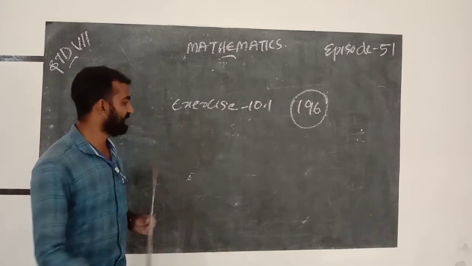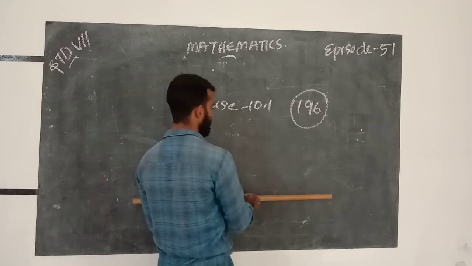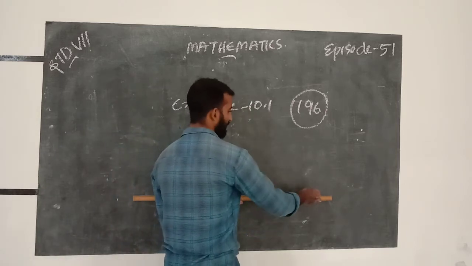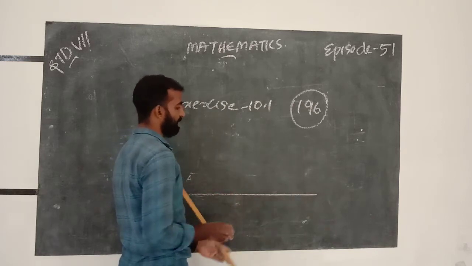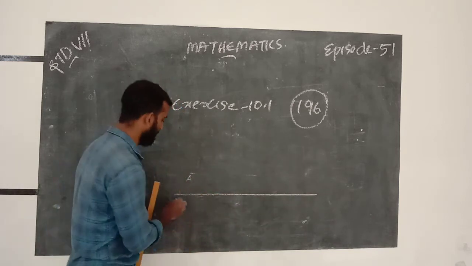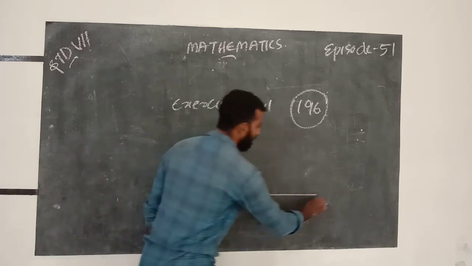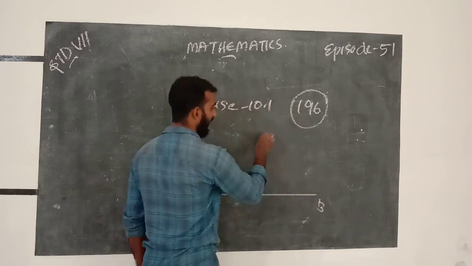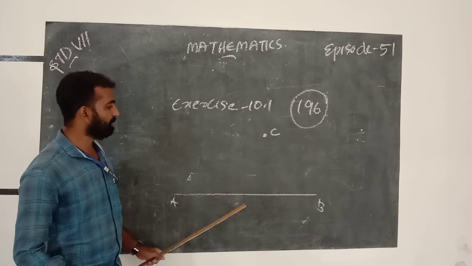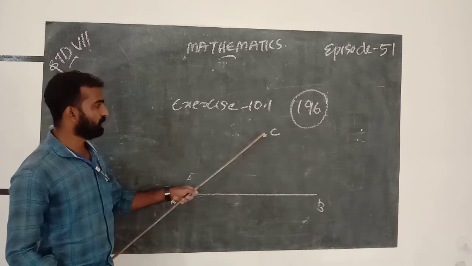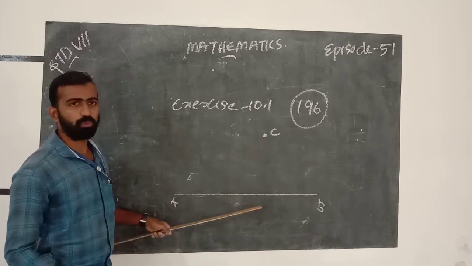That is, first we draw a line using scale and compass, with any measurement you like. We make the line as AB. We take a point C outside AB. Then we want to draw a parallel line through C to AB.